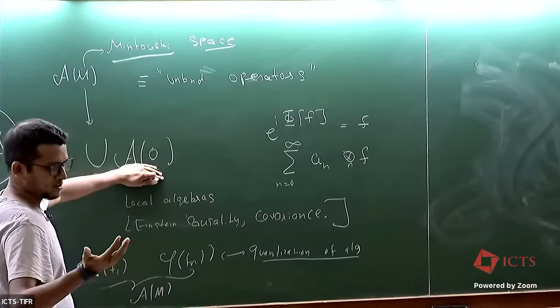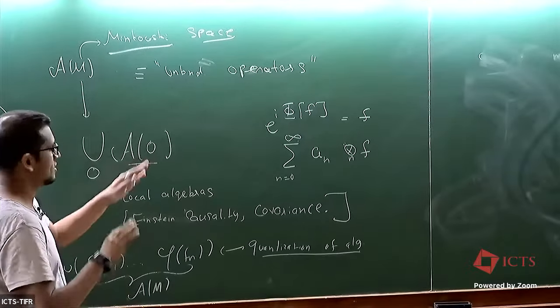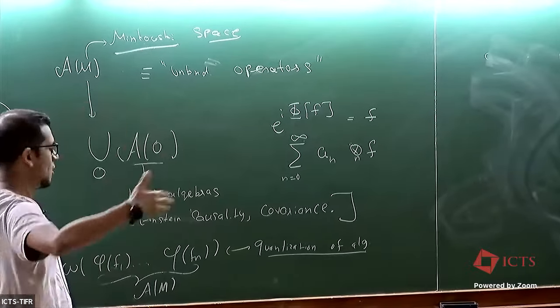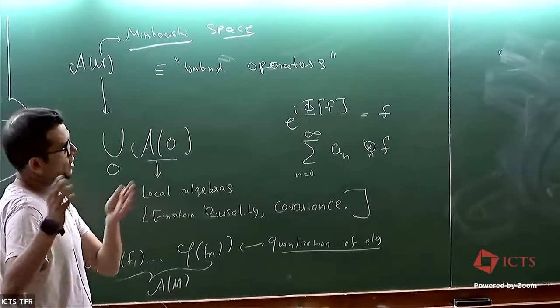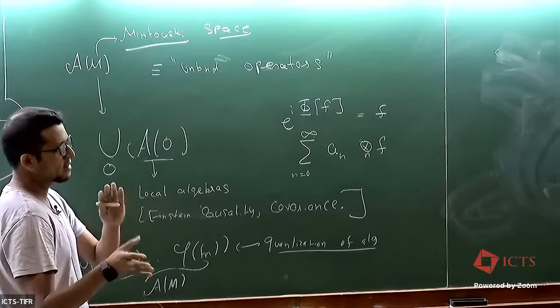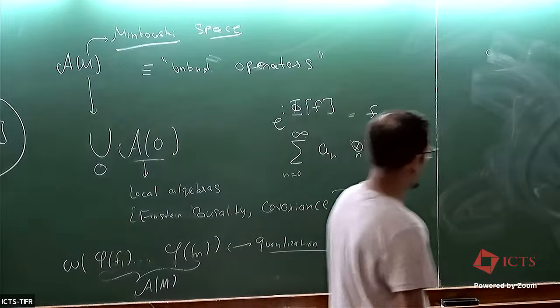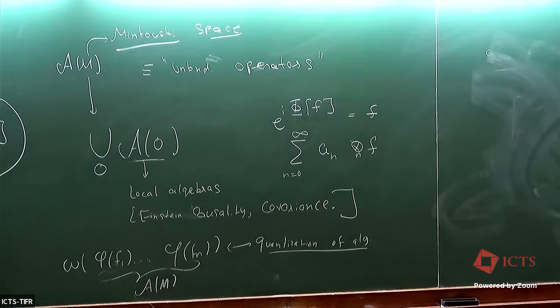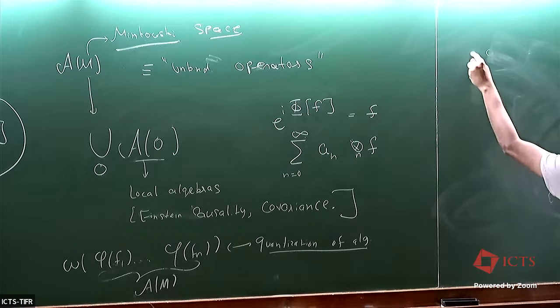They satisfied the condition that if O is in O1, then A(O) is a subalgebra of A(O1), and there was Einstein causality, and there was relativistic covariance.